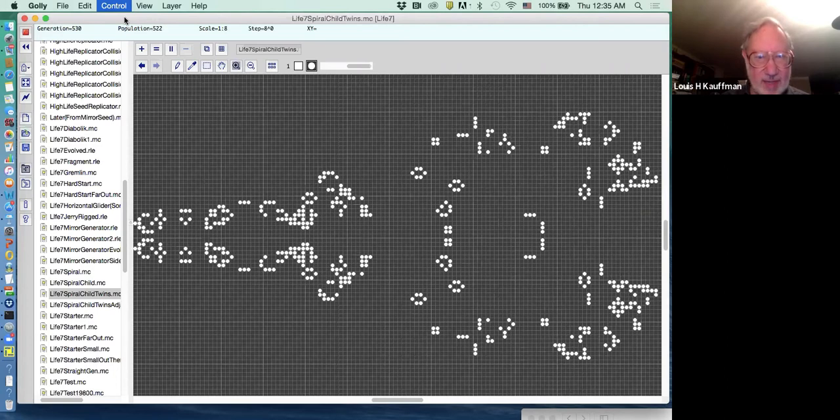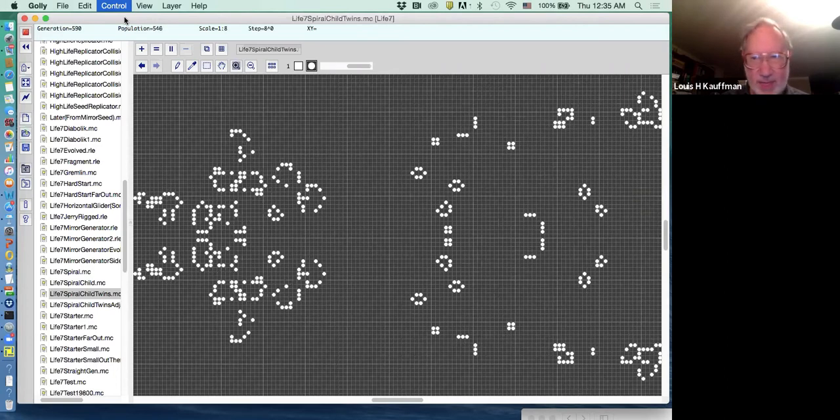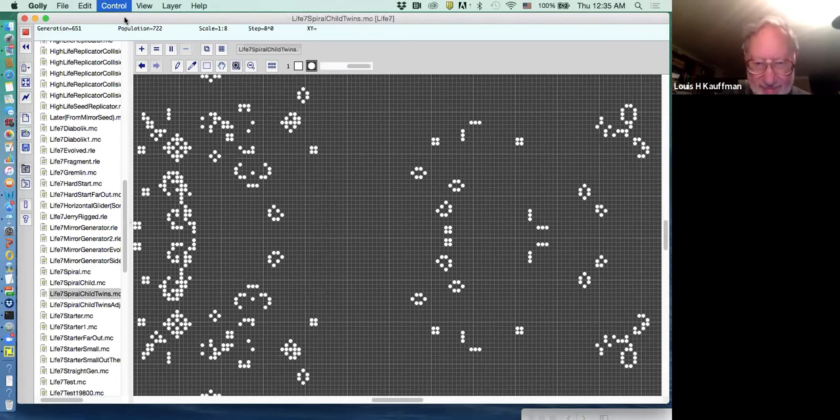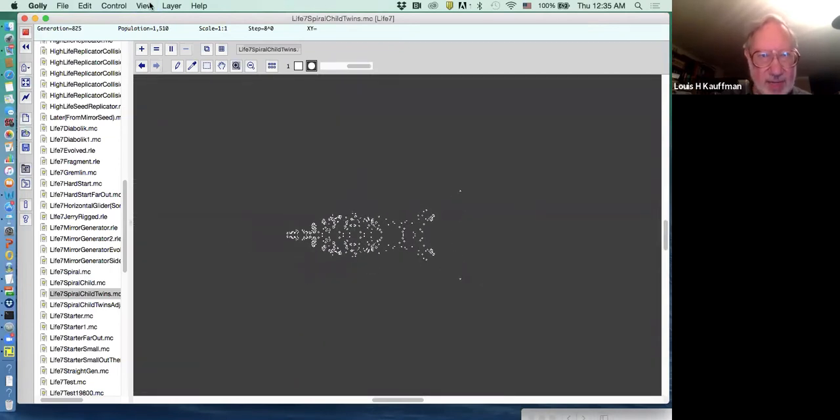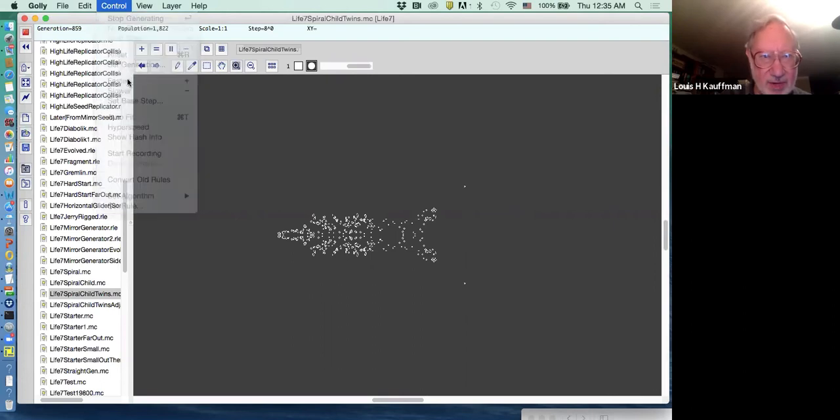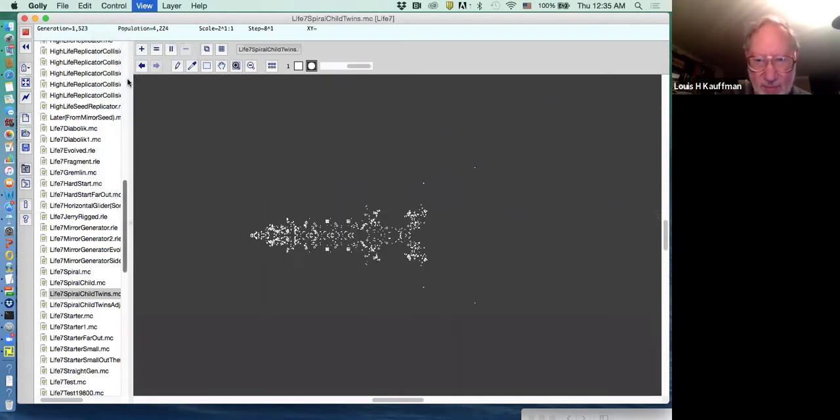They interact and produce a mirrored pair going in the opposite direction. And you can let that run faster and see what it grows into if you want.